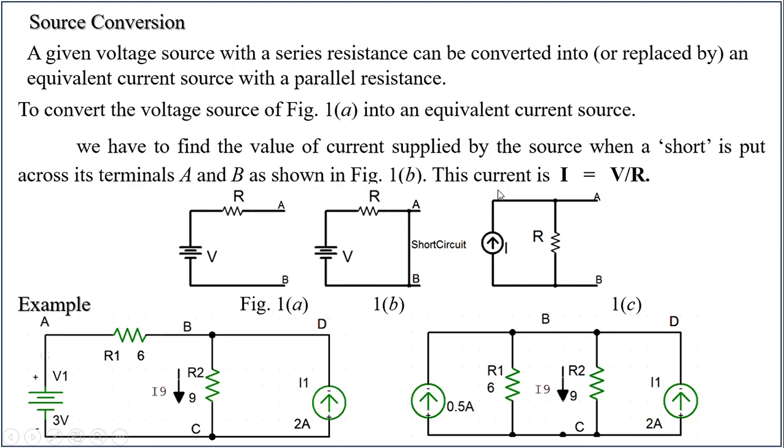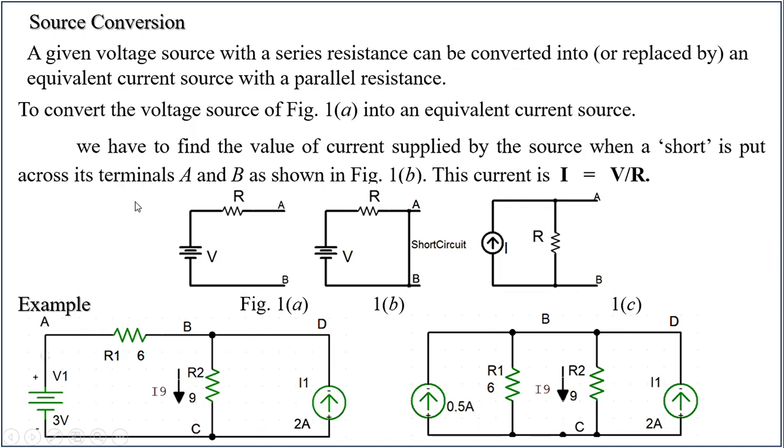Voltage source in series with resistor becomes current source in parallel with resistor. While converting the voltage source into the current source, you need the I value. I is equal to V by R. This R after the conversion also will remain the same, right?